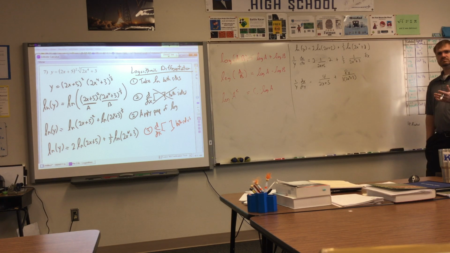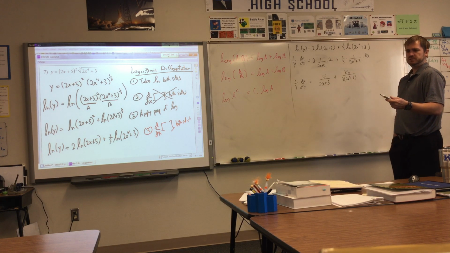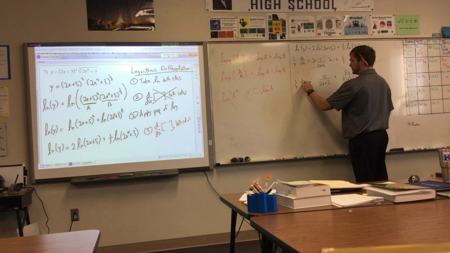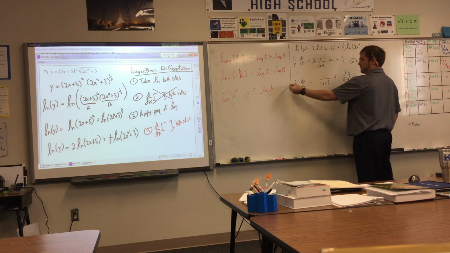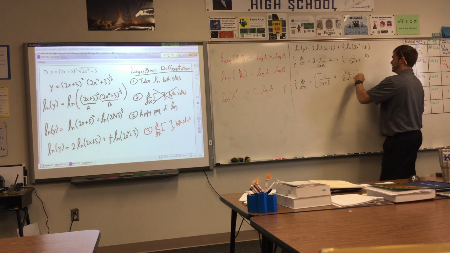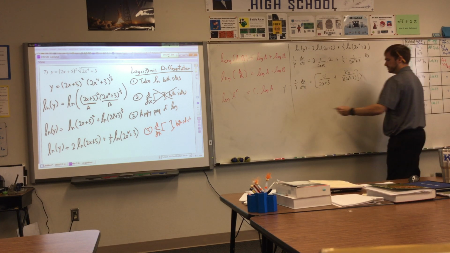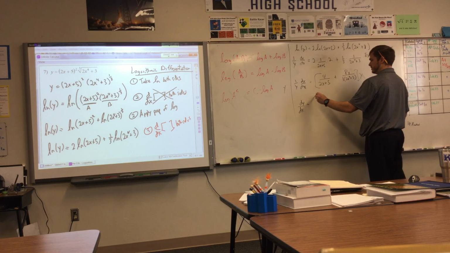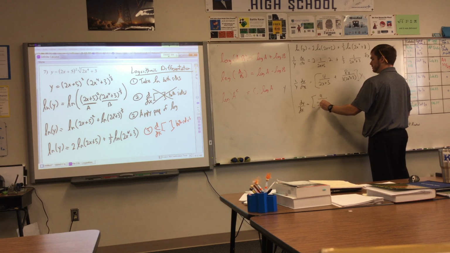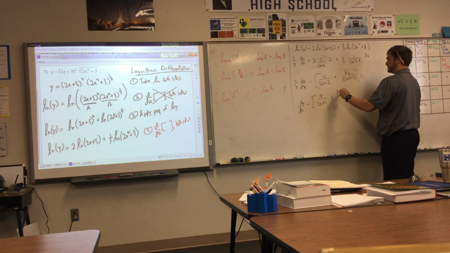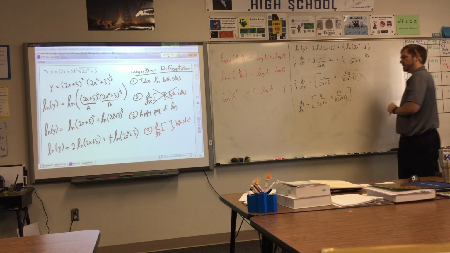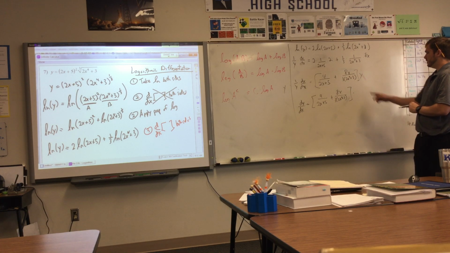What am I looking for here? What the instructions want us to do? Find the derivative. So find dy over dx. So in order to get that, I'm going to multiply this side by y, and I'll multiply this side by y. So dy over dx equals 4 over 2x plus 5 plus 8x over 3 times (2x to the 4th plus 3), times, now what is y?